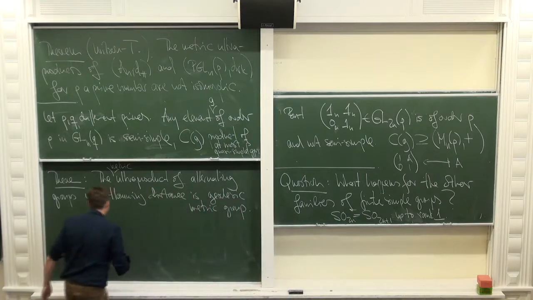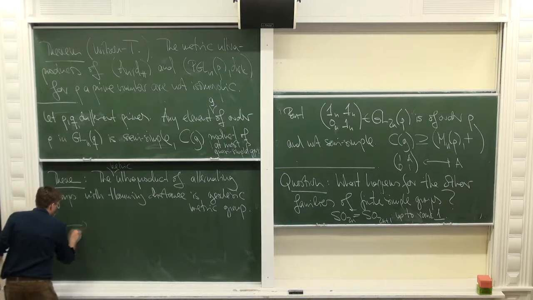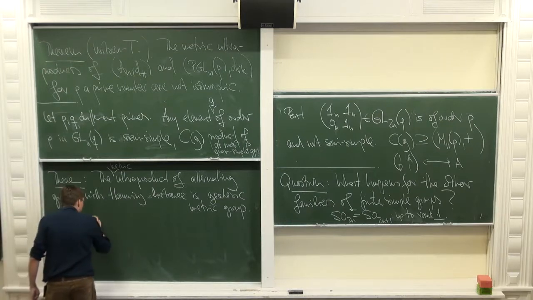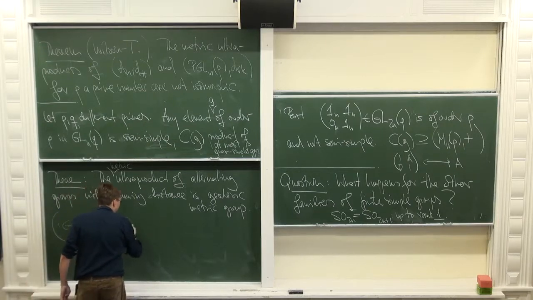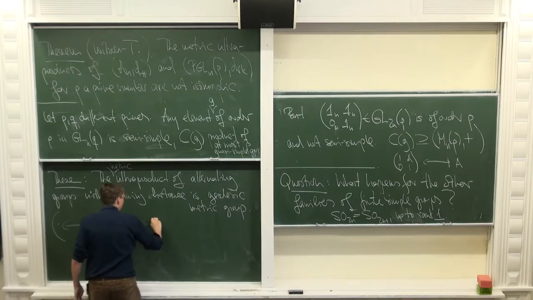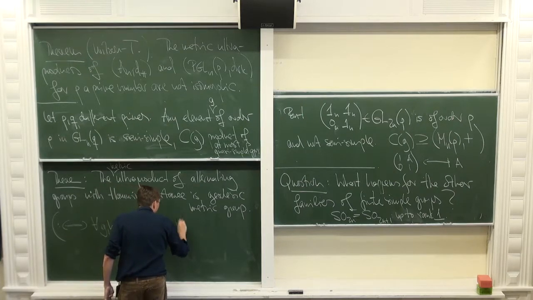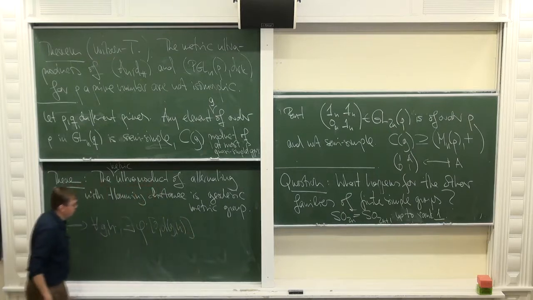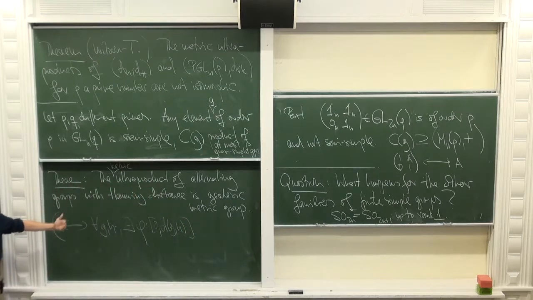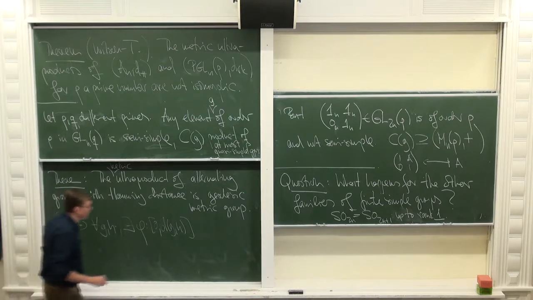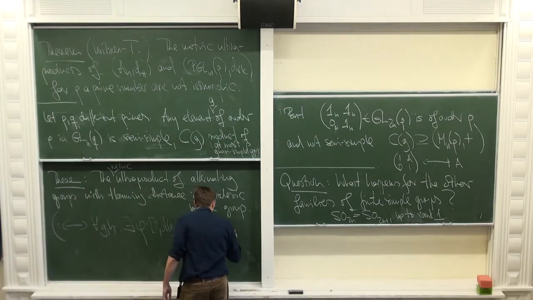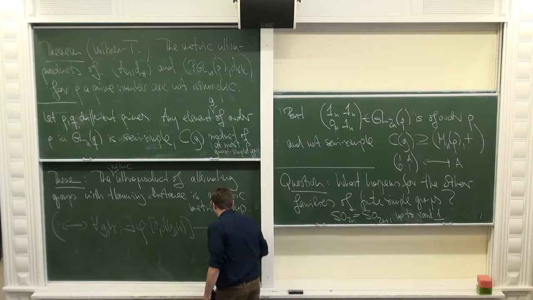So that means, by definition, for all g and h in this ultraproduct, there exists a continuous map from the interval from 0 to the distance between g and h into the metric ultraproduct G omega.